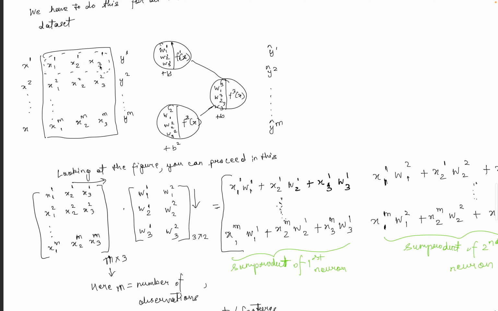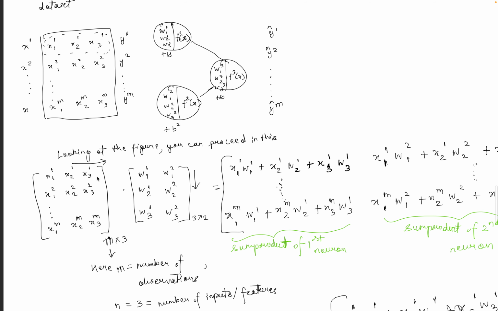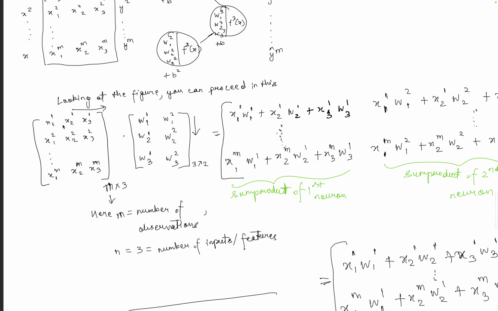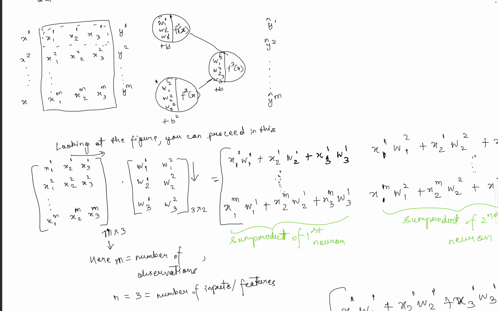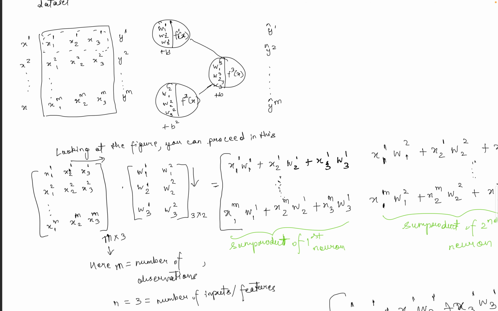x1, x2, x3 are the 3 inputs, and we have m observations. Similarly, we have m labels. Here I have written everything in a matrix structure. This is my data set, and this is the structure of my hidden layer. W11, W12, W13 are the weights associated with the inputs for the first neuron.